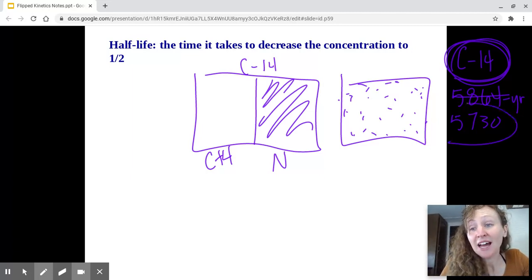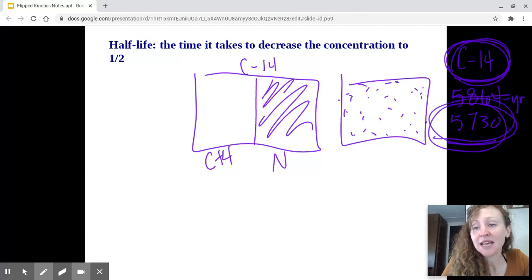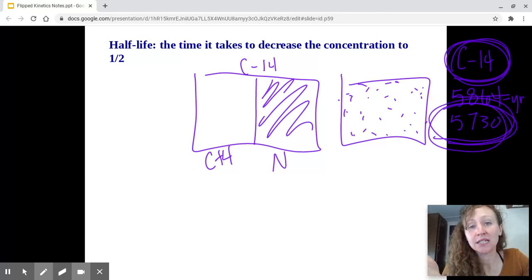So this time, the time it takes for half of the sample to decompose into something else, is half-life for a nuclear reaction.